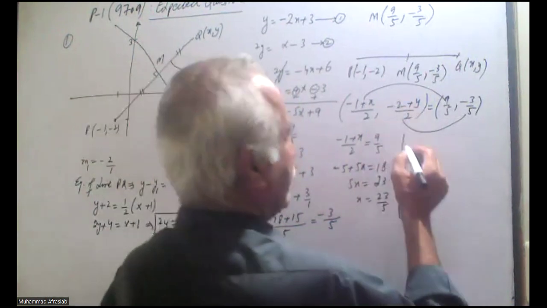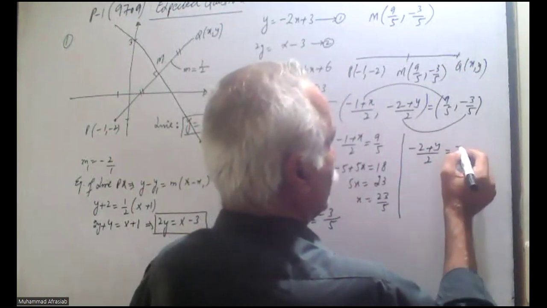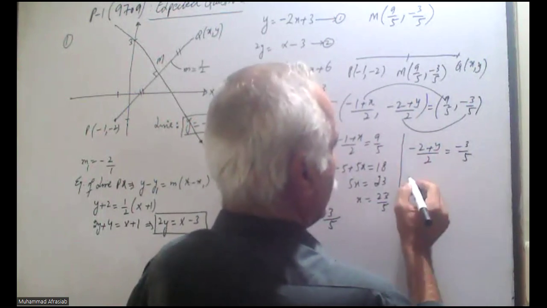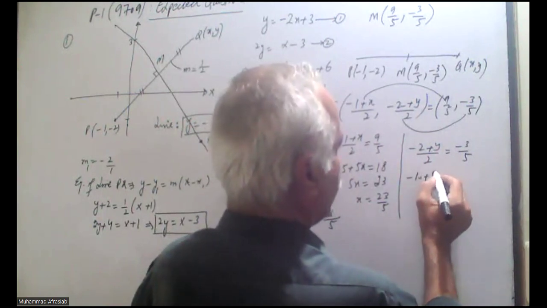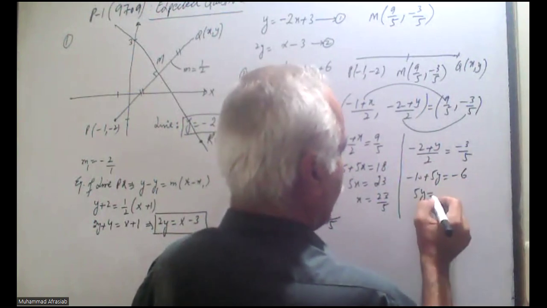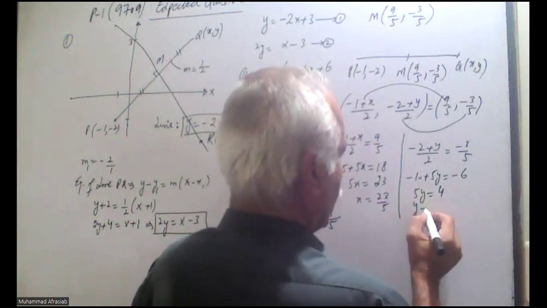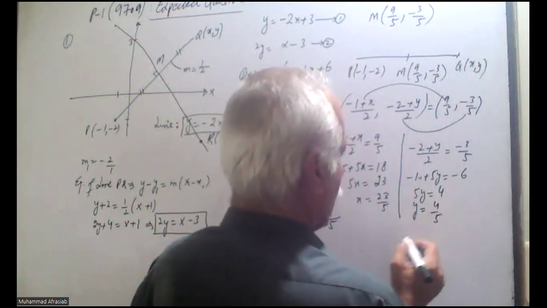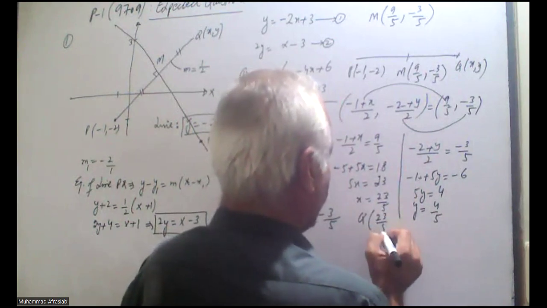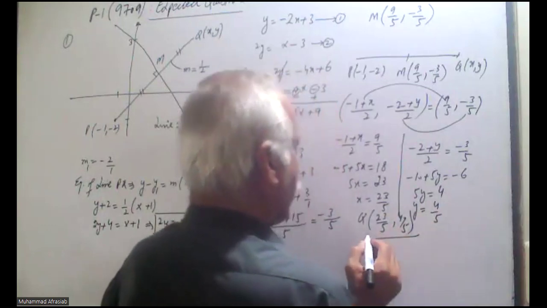Same for the y coordinate: (-2 + y)/2 = -3/5, so -10 + 5y = -6, or 5y = 4, or y = 4 over 5. So the coordinates of Q are 23 over 5 and 4 over 5.